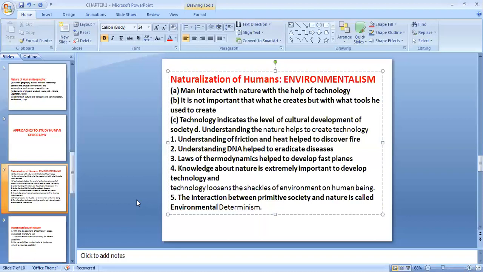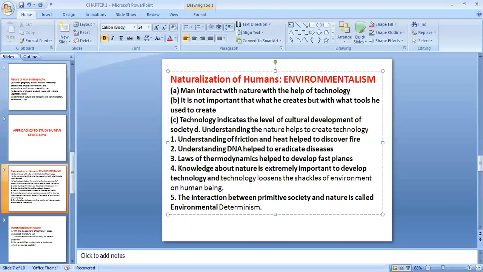Suppose nowadays this coronavirus pandemic. Lots of time we are not able to produce the vaccine. Why? Because our technology is not enough to cure it. So now we are following some rules and regulations which the environment is giving.